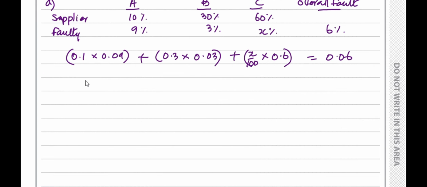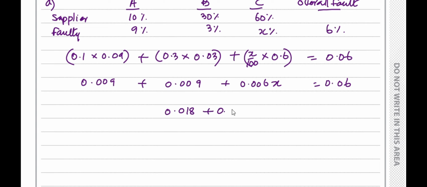Simplifying this, we get 0.009, add another 0.009, add, let's write this as 0.6 divided by 100 is 0.006, X is equal to 0.06. Which means 0.018, add 0.006X is equal to 0.06, which means 0.006X is equal to 0.06, take away 0.018.